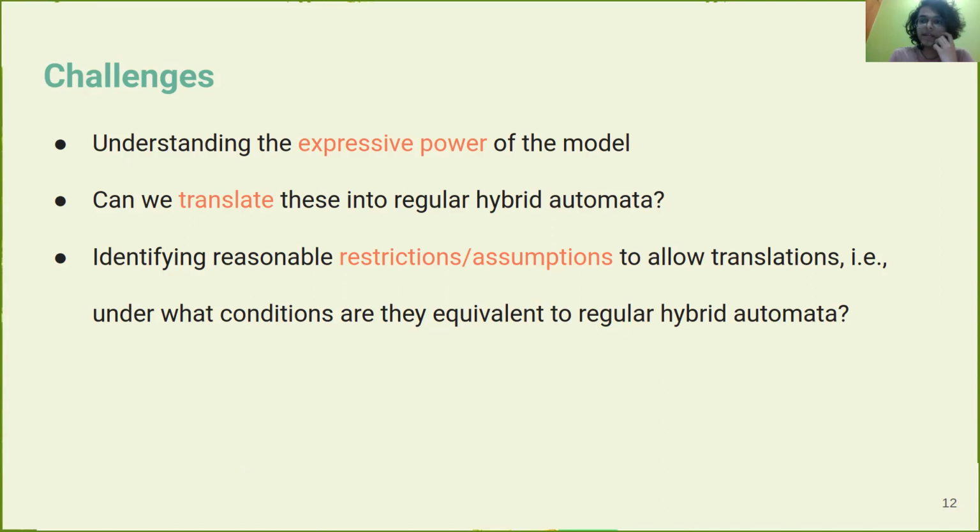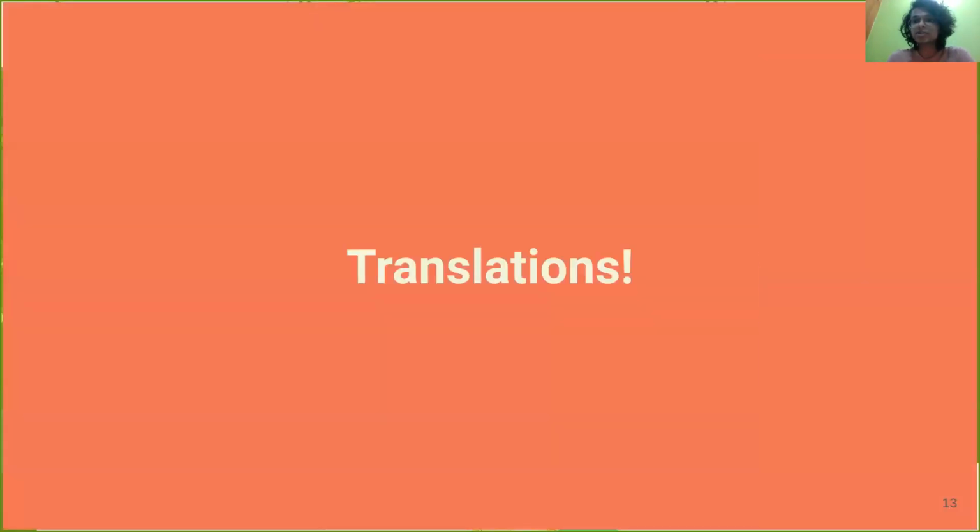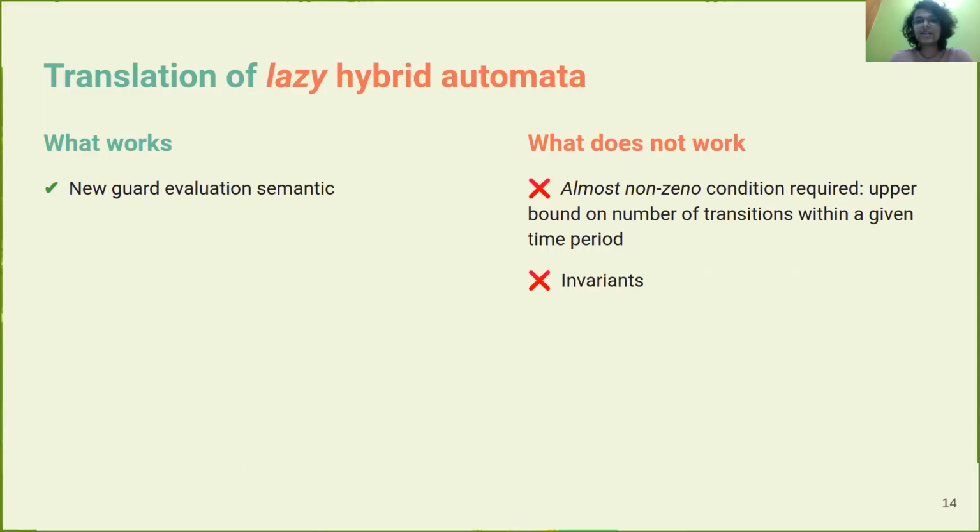Now, what do I mean by translations? Basically, what I mean is that if we are given a lazy hybrid automaton, I'm trying to see if there's a somewhat equivalent regular hybrid automaton, like the original hybrid automaton, which can capture the exact same execution traces as our lazy hybrid automaton. Now, we do indeed have some results on the translations. Let us quickly have a look at them.